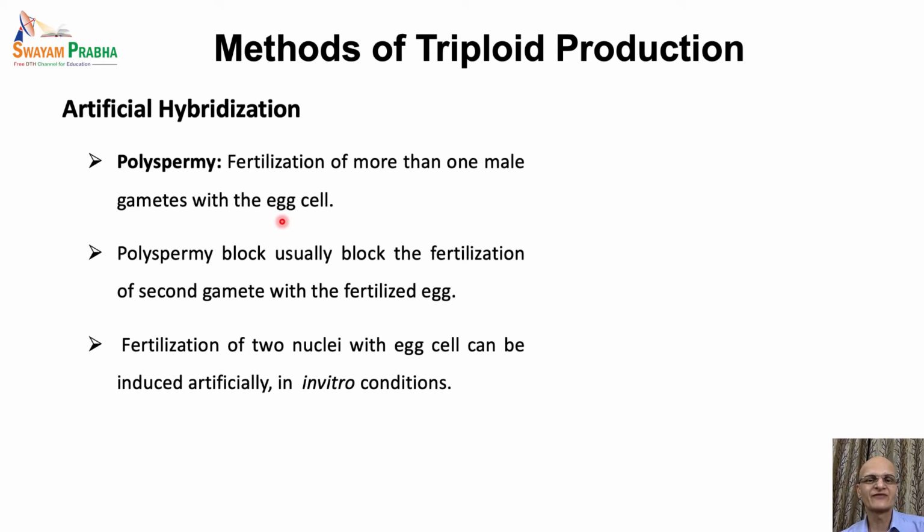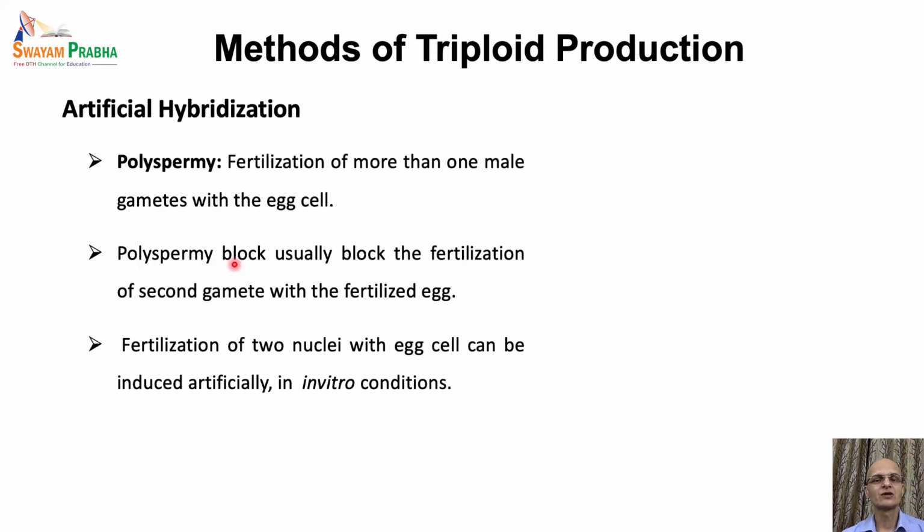Usually after the fertilization of the egg cell with a male gamete, fertilization by a second male gamete is prohibited by genetic regulatory control, and this phenomenon of blocking the fertilization of the fertilized egg by a second sperm is called the polyspermy block.